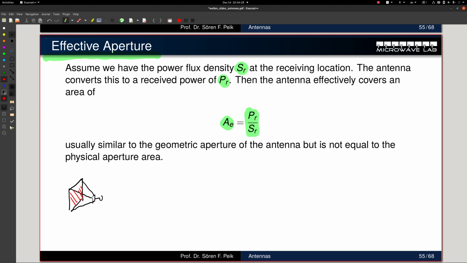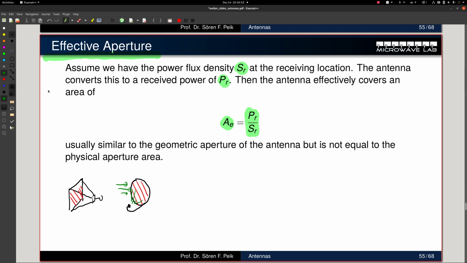In case of a parabolic antenna, with this parabolic dish here, we have this so-called primary feed, and then my area is basically the area of the dish, because there's an incident flux density. This is reflected and goes in here. So we collect the area of the dish.